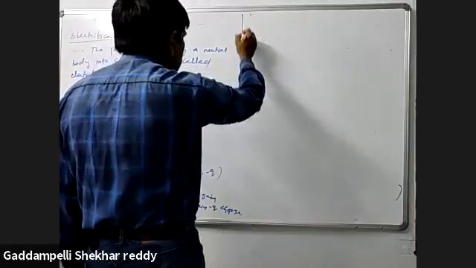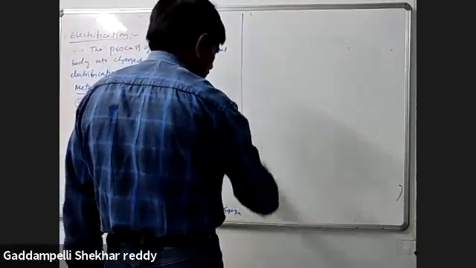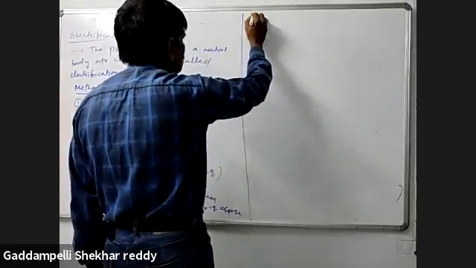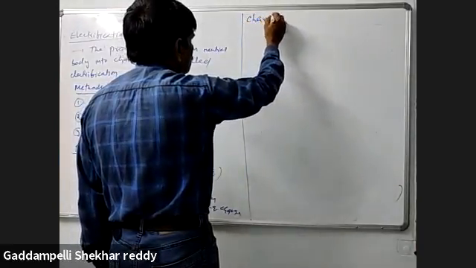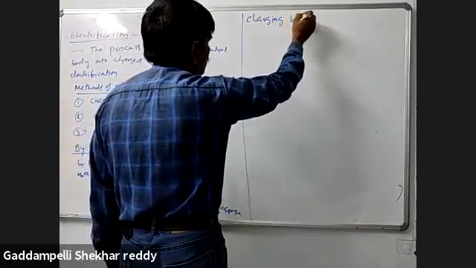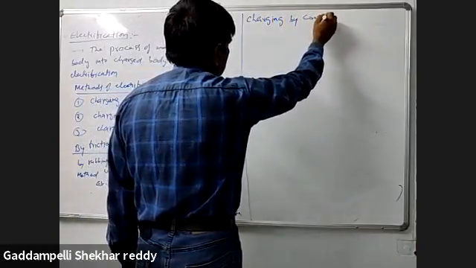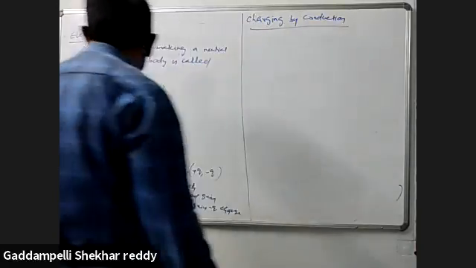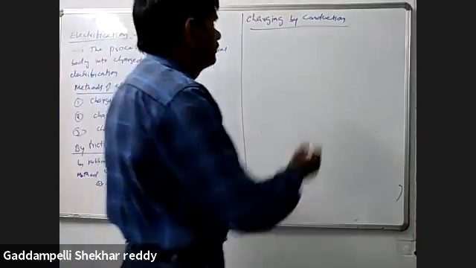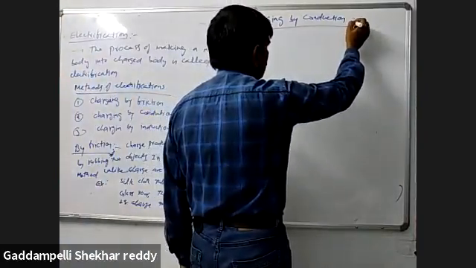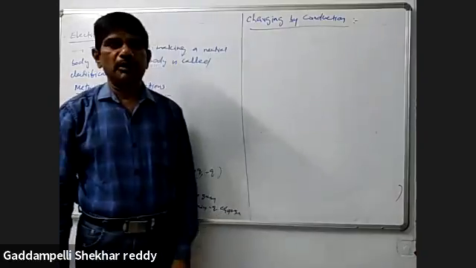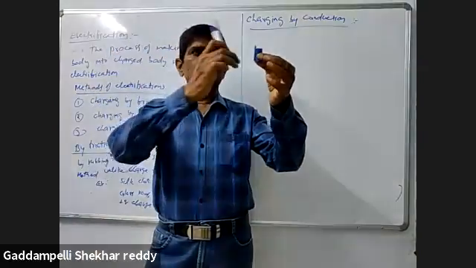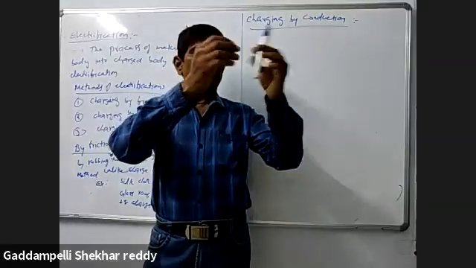So the next method is charging by conduction. A conduction method means now consider two objects. One is a charged body, and this one is a neutral body.